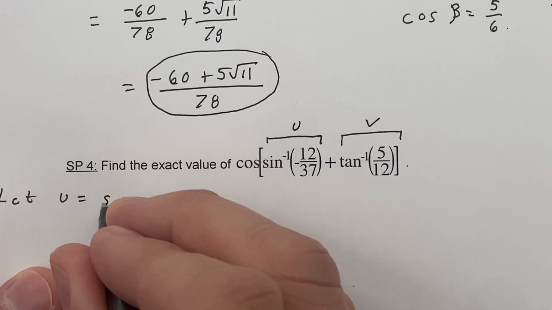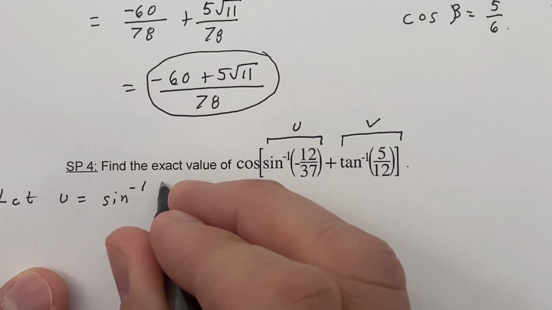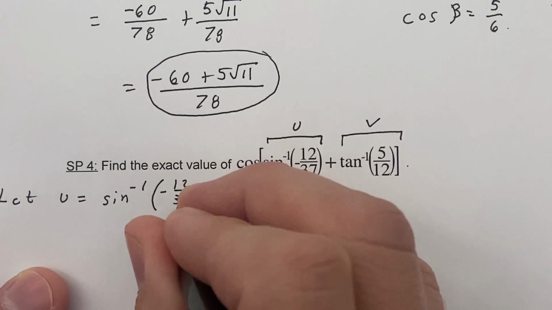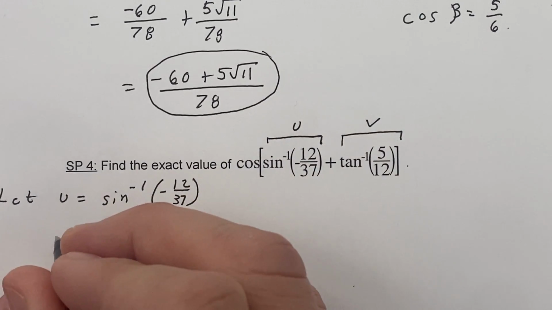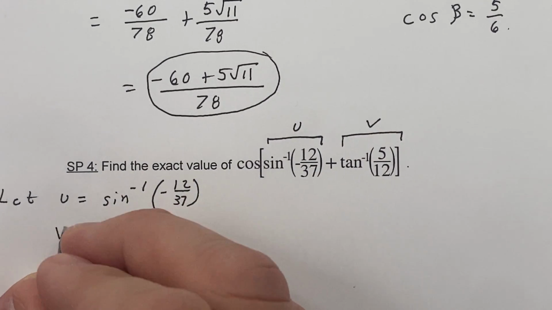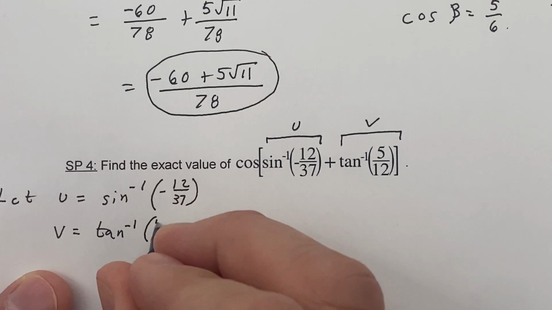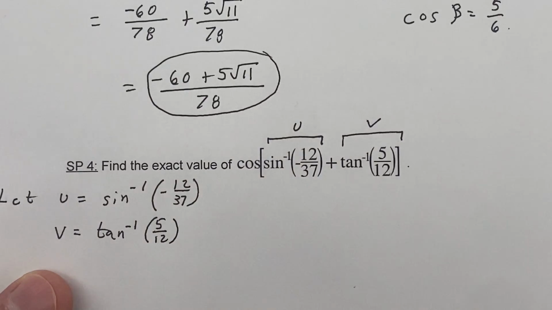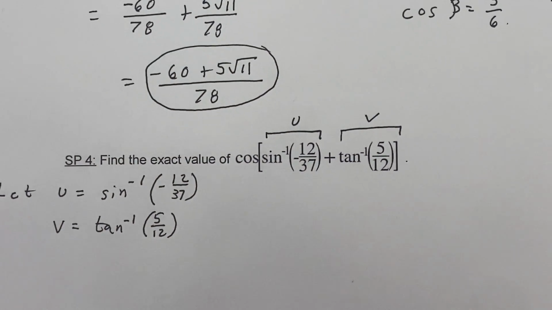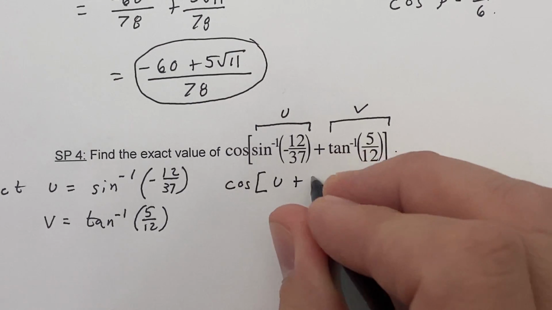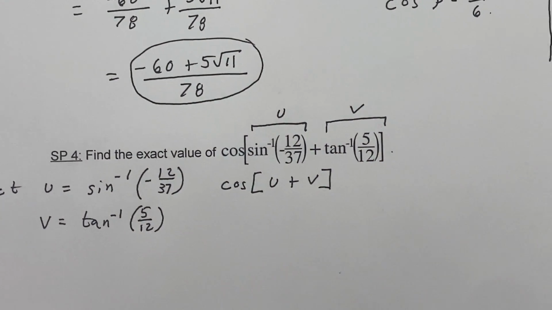So u inverse sine, v inverse tangent, because again cosine of u plus v is what we want to use.